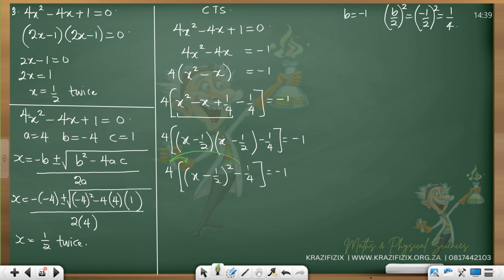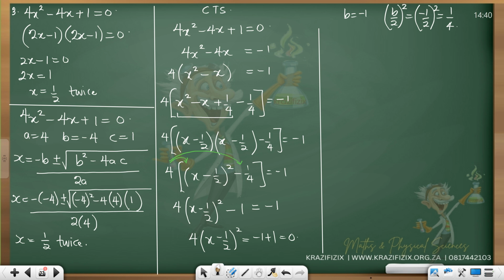We use the 4 to multiply, expanding the bracket. 4 x minus 1 over 2 squared minus 1. I hope that makes sense. 4 times negative 1 over 4. I no longer need those brackets. Move this one over here. 4 x minus half squared, negative 1 plus 1, which is equal to 0. So what do we have? 4 x minus that squared. Divide both sides by 4.